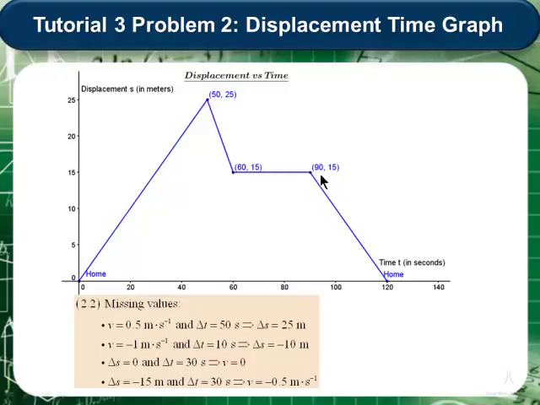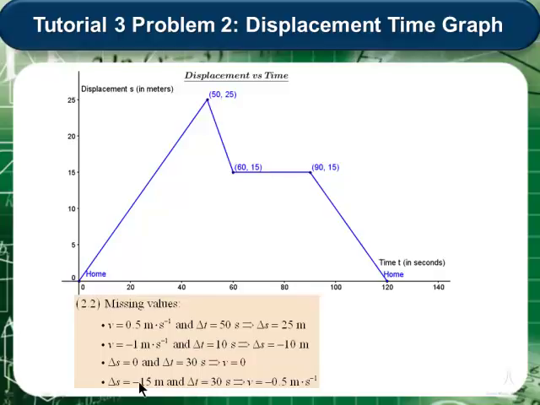After that, he walks back to his house. How far is he from his house? He's 15 meters from his house, but he's walking in this direction, so delta s is minus 15, while delta t is from 90 to 120, right?